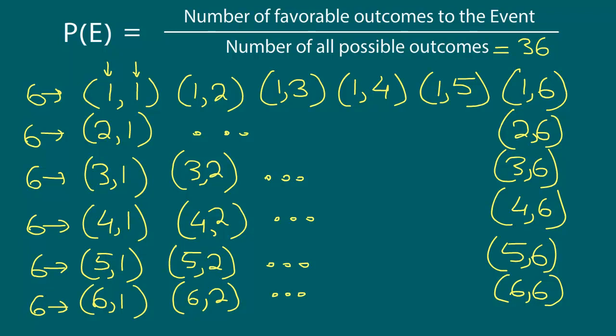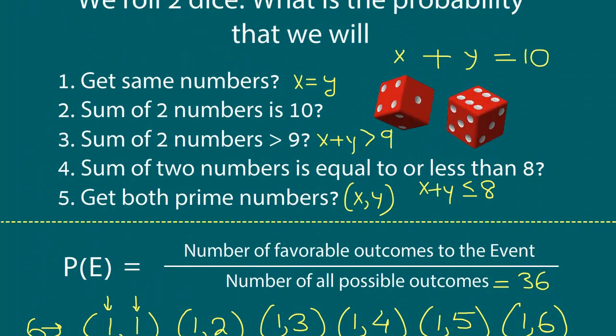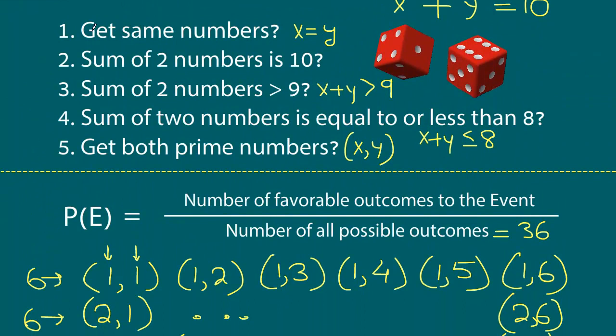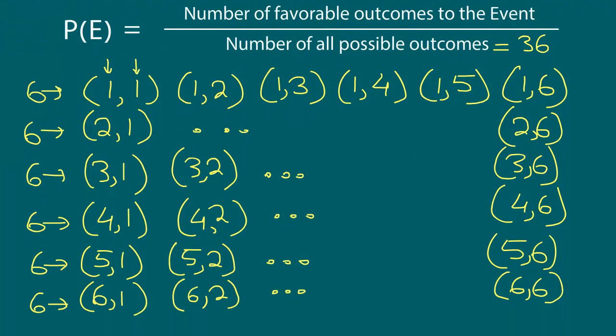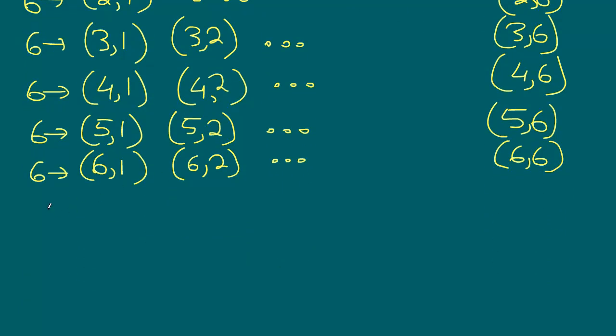Now let's go back to our event and find out what is the probability. So we get the same number on the top. So of all of these outcomes, which outcomes have same number? Well, 1, 1 will be same. Let's write it over here. So we have outcomes when we have same numbers.